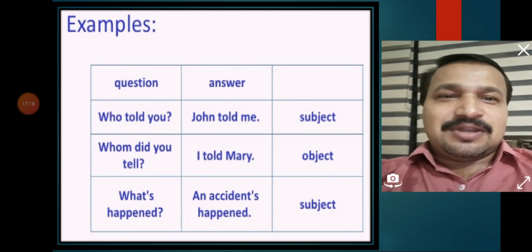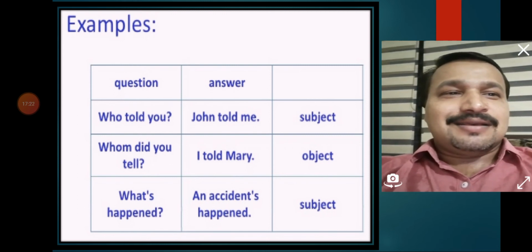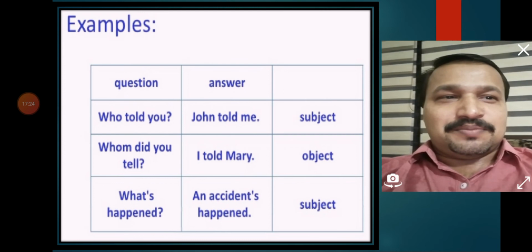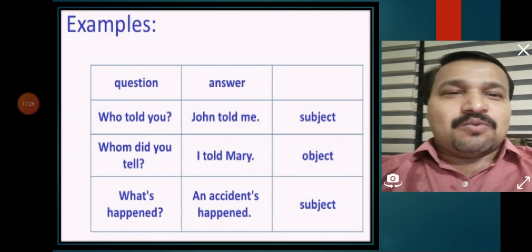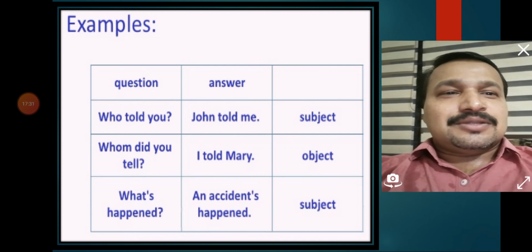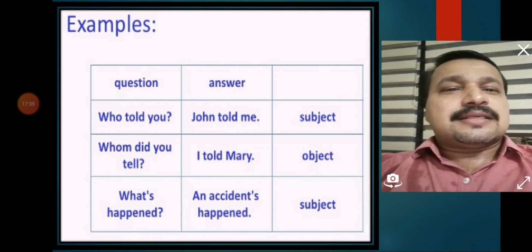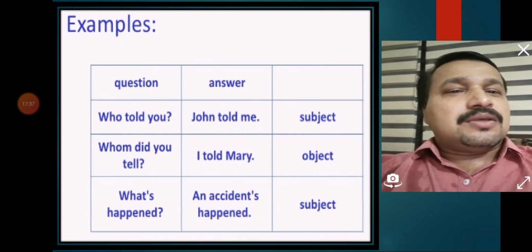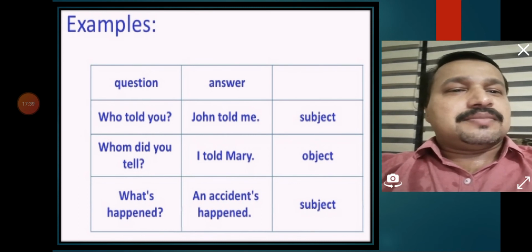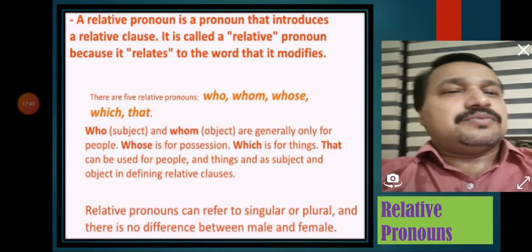Since the question word is replacing a noun, whom is considered an interrogative pronoun. So it has two functions: one, to ask a question, and another, to stand instead of a noun or pronoun. What happened? An accident happened. So the subject is mentioned over there.